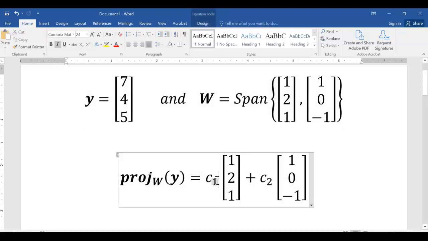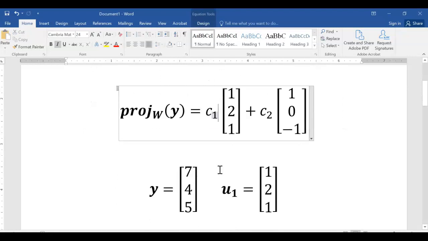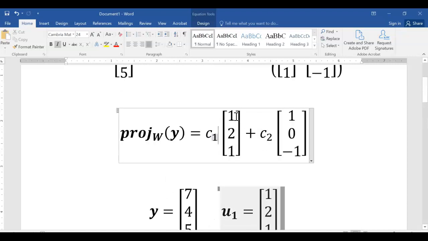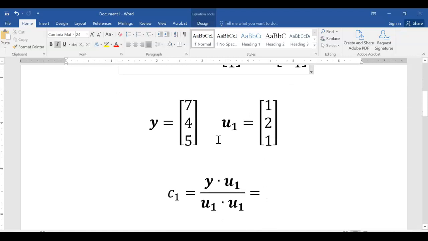These coefficients, because I'm using an orthogonal basis, I can find by doing the inner product of y with u1 divided by u1 dot u1, where u1 is my basis element 1, 2, 1. And I would do the same thing with u2, where my basis vector is 1, 0, negative 1. All right, so let's find that coefficient.